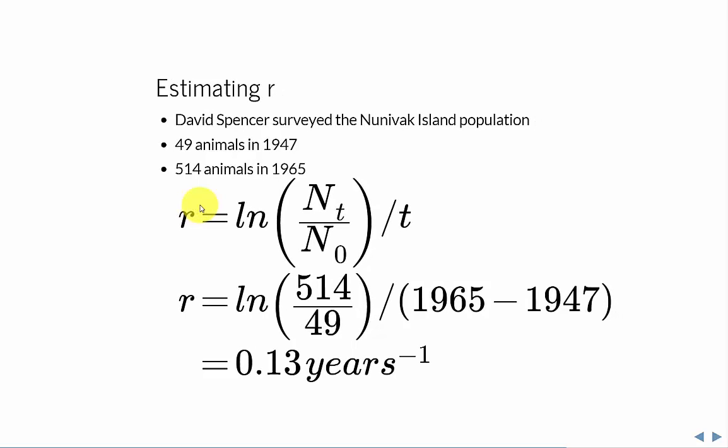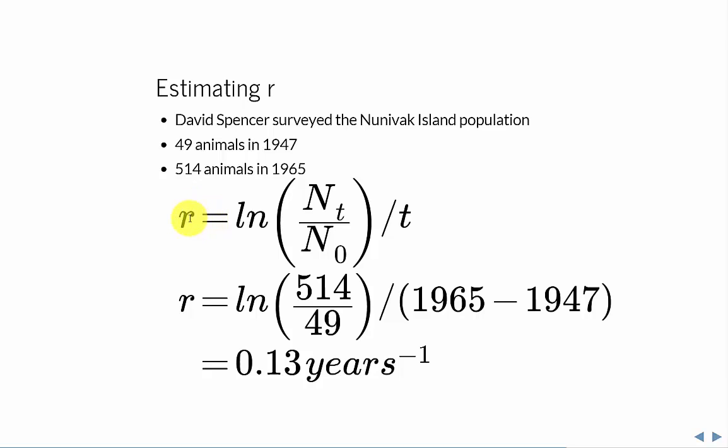A biologist with the Alaska Department of Fish and Game surveyed the muskox population at Nunivak Island starting in 1947, going through 1968. He observed 49 animals in 1947 and 514 animals in 1965.